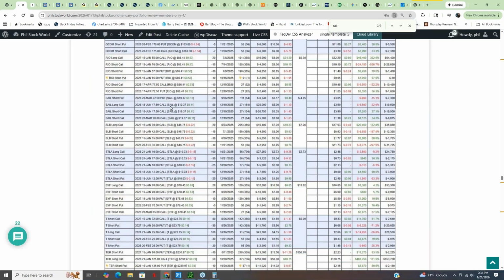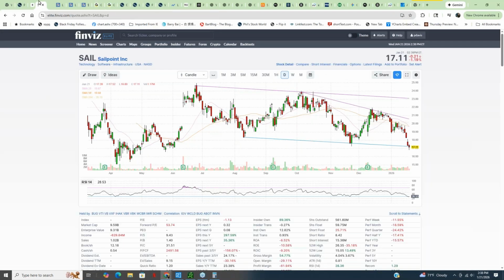So what did we do with SALE? Well, I'm very happy we didn't sell short puts. So SALE, we sold the March 20 calls, and it's not at 19 anymore. It's at whatever it is. Wait a minute. So it's below 20.